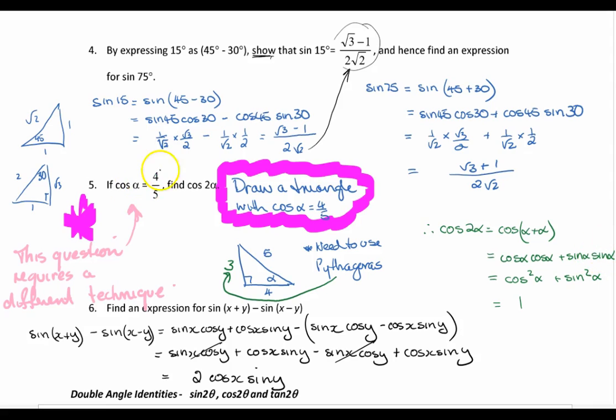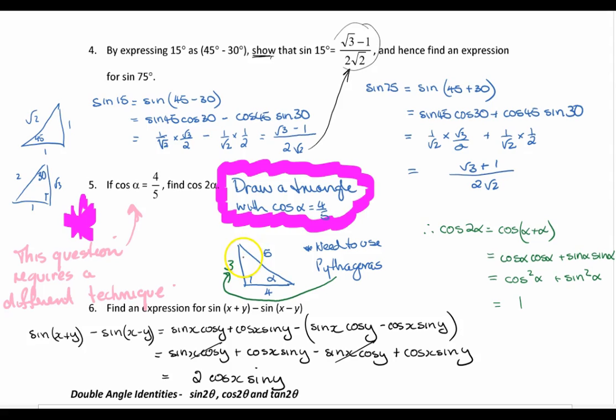The easiest way, if you're given that cos of alpha is 4 on 5, is a nice little and different technique. The technique is draw a triangle with cos of alpha is 4 on 5. It doesn't matter where you put your alpha, draw a little right angle triangle, allocate your alpha to one of the acute angles.